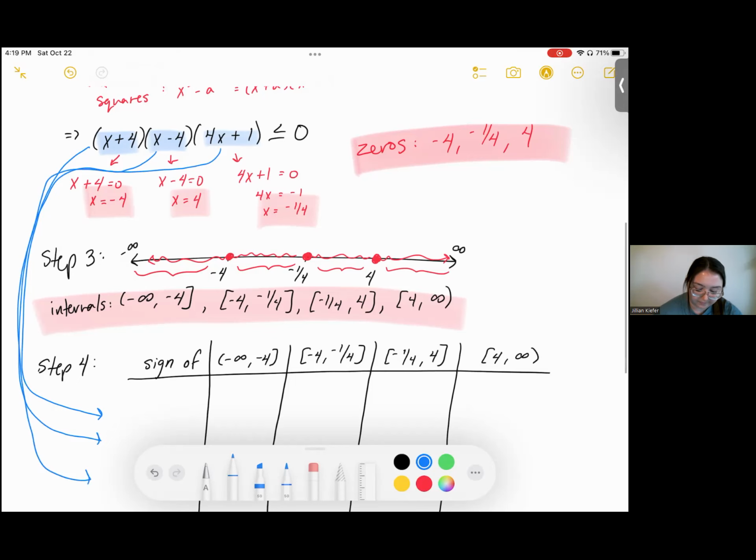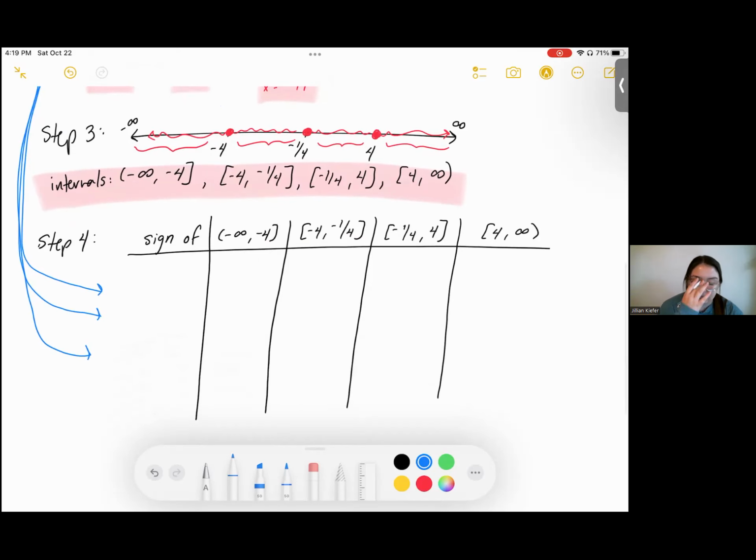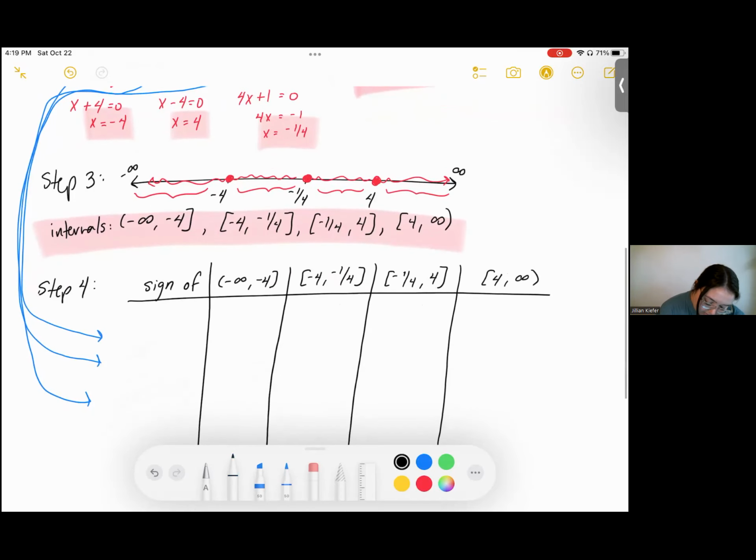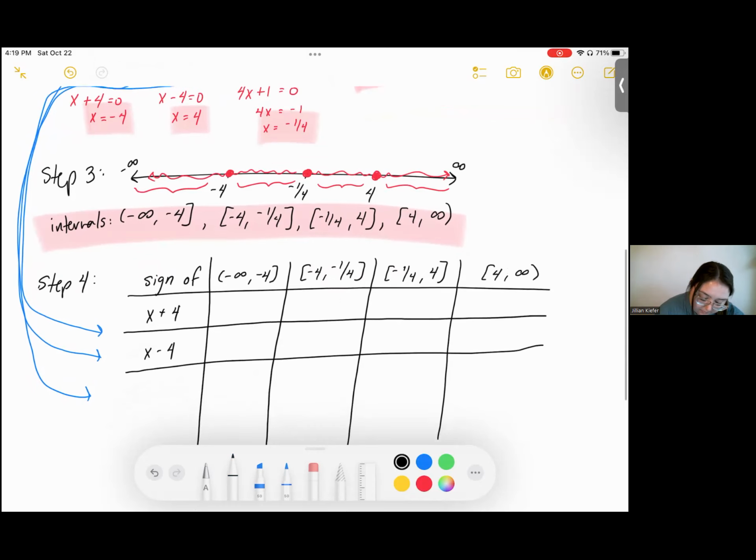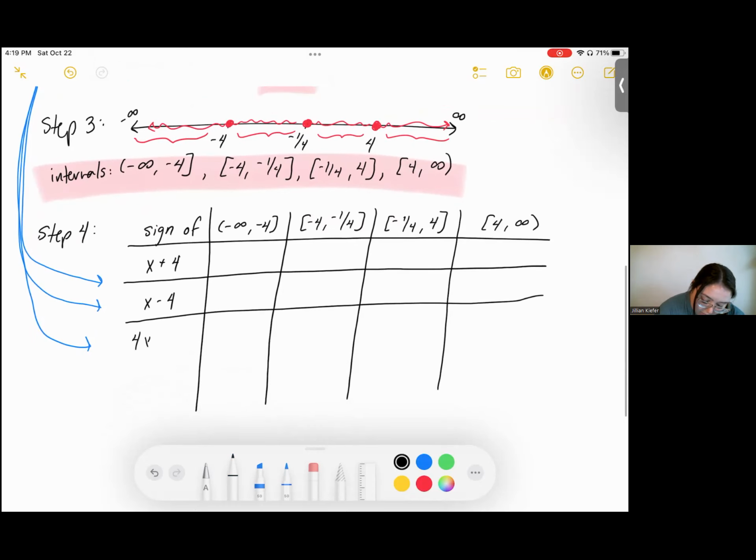So your first one, you're going to have sign of x plus 4. Create a row. Sign of x minus 4. Create a row. And the sign of 4x plus 1. Create a row.